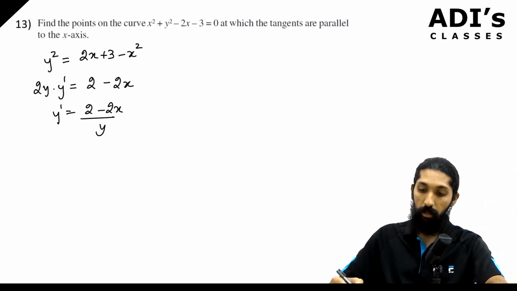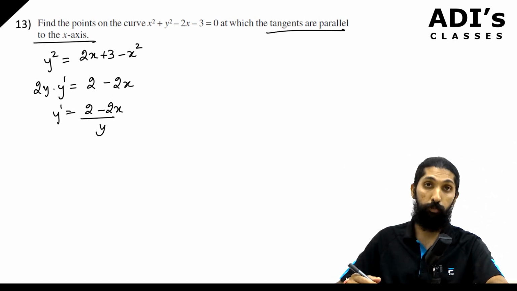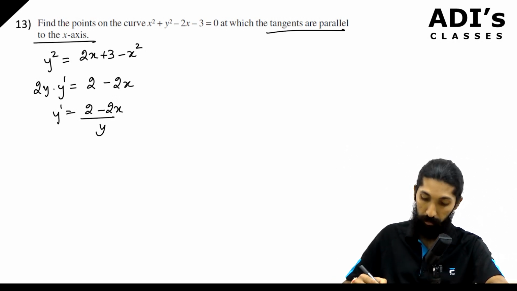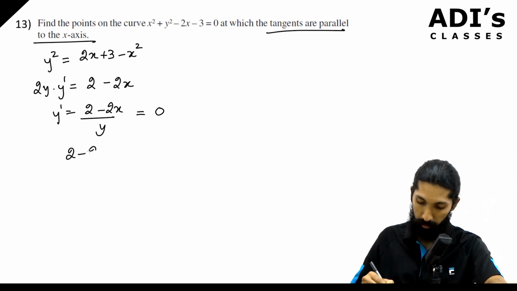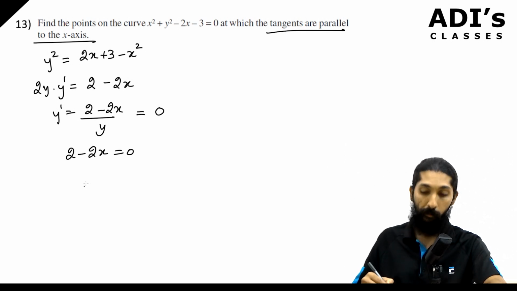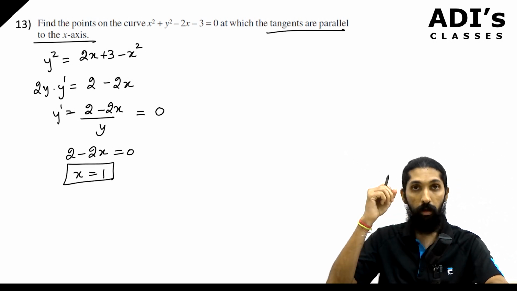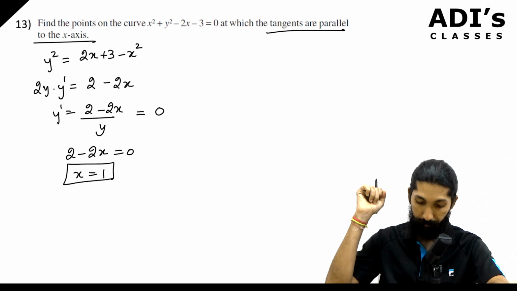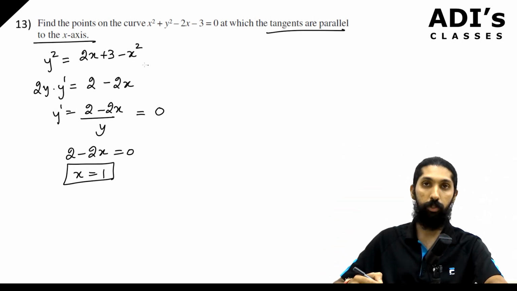Now they're saying the tangent is parallel to the x-axis. So the slope should be 0. That means y dash value is equal to 0. In other words, we can say 2 minus 2x is equal to 0, or x is equal to 1. Correct? Since the x value is 1, substitute this x value as 1 in the given equation.